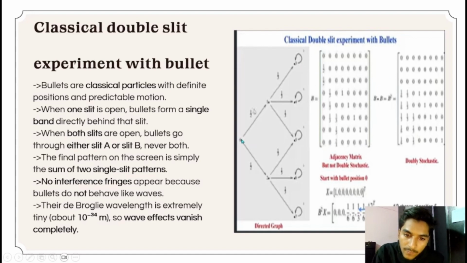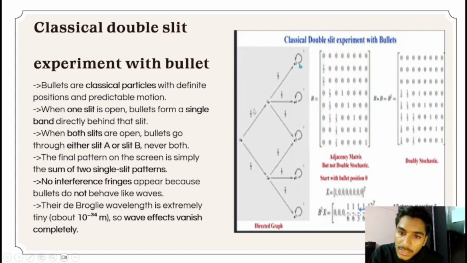First, from 1 to 1, we can't go from 1 to 1, so it is 0. Now, going from 1 to 2, we have a half here because we have associated 1 by 2.